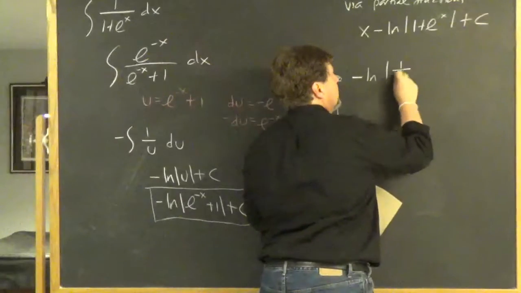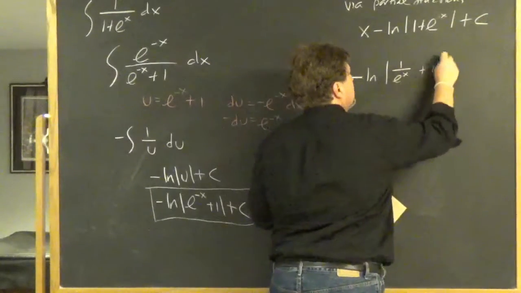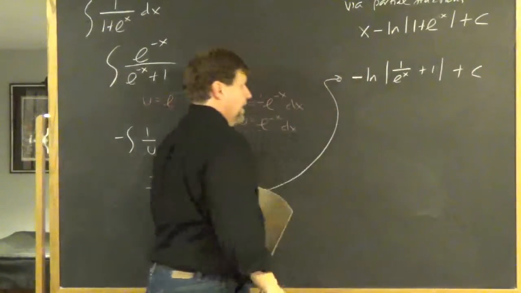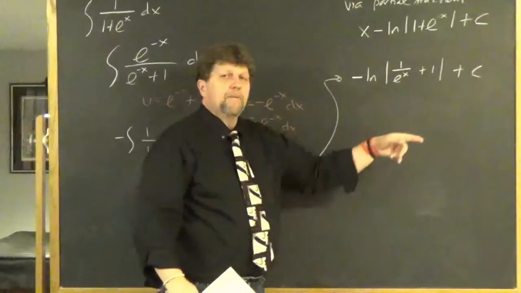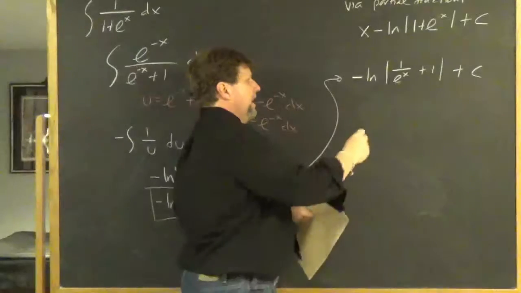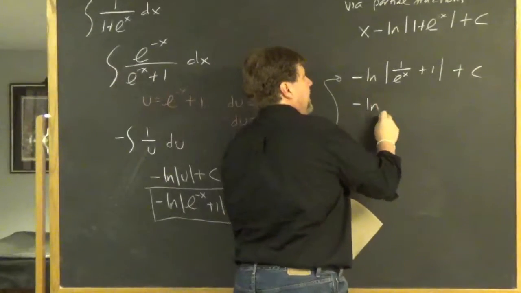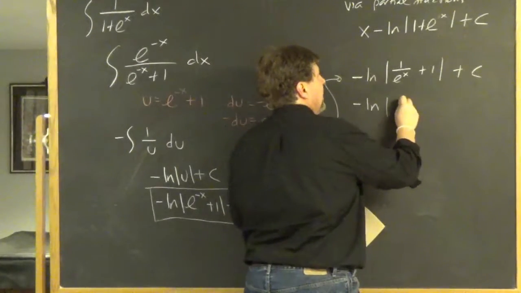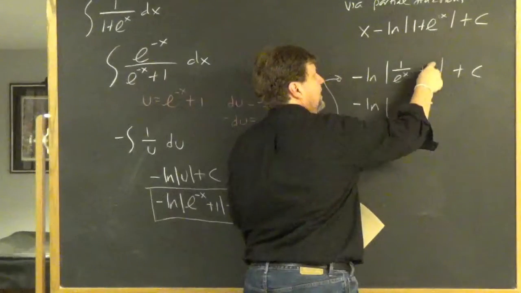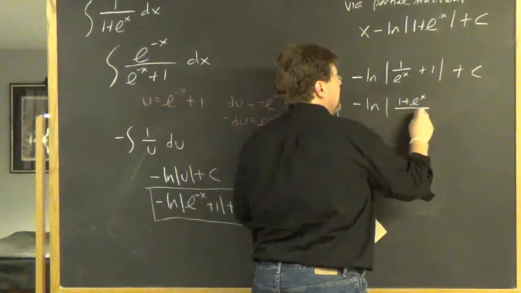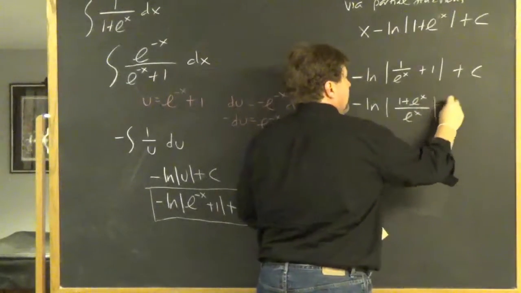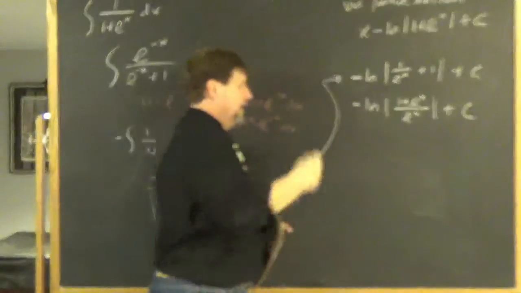So I'm just doing one little step of algebra there. Now inside the absolute values I could get a common denominator, which is e to the x. And so this would be e to the x over e to the x. So that gives me 1 plus e to the x over e to the x plus c.